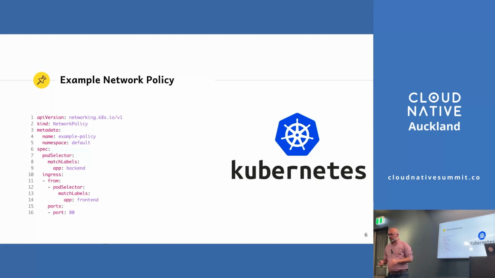So that basically means that's the only traffic that's allowed. Okay? So even if the front end is sending traffic to say port 443, which is HTTPS, the secure HTTP, it's going to be blocked. That's the rule of implicit deny. So if you are not explicitly saying this traffic is allowed, every other traffic is going to be denied.